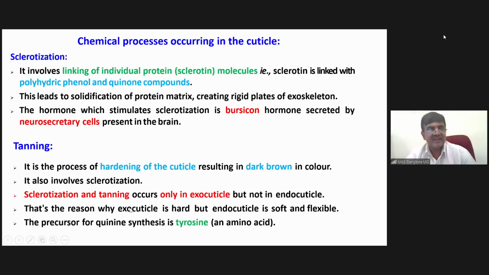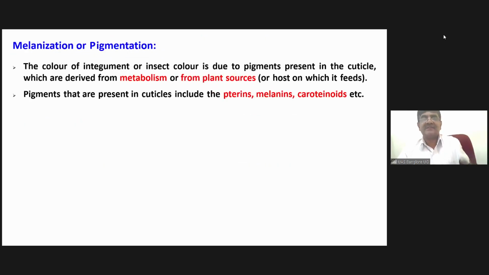Since sclerotization and tanning take place in the exocuticle, it appears hard. They don't take place in the endocuticle, so it is soft and flexible. And the precursor for this quinone synthesis is tyrosine, which is an amino acid.